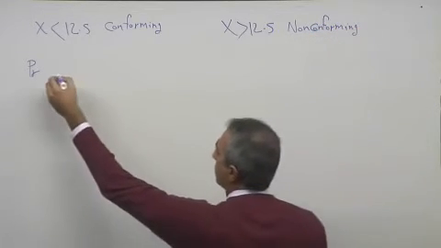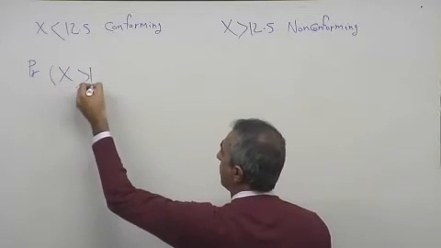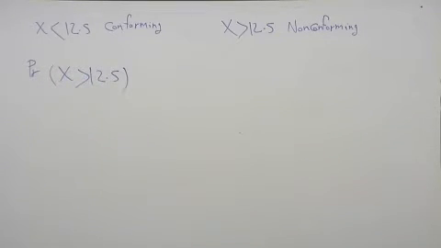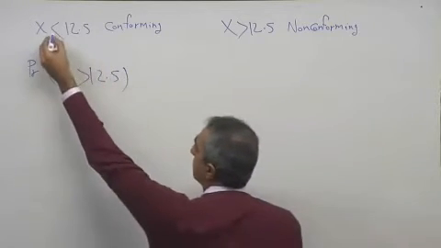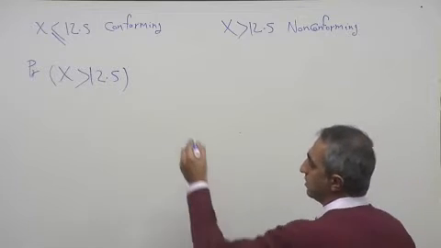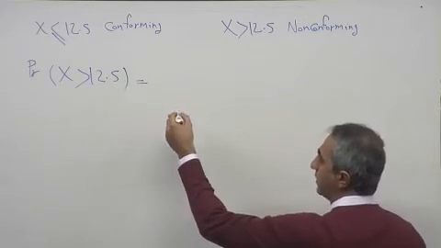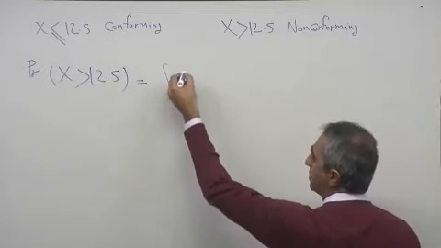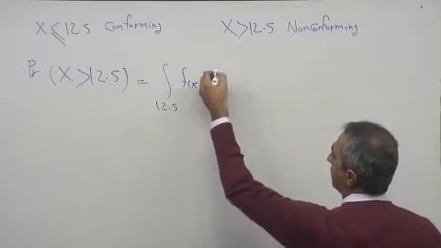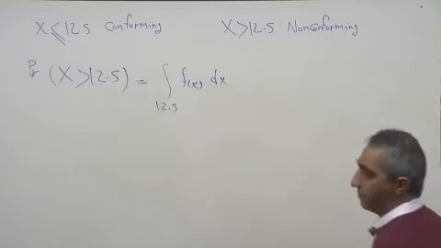So we want to find the probability of producing a non-conforming part, which is this. It doesn't matter if you put equality or not, because we are calculating probabilities and it's a continuous distribution. So we need to integrate the PDF from 12.5 to the upper bound.